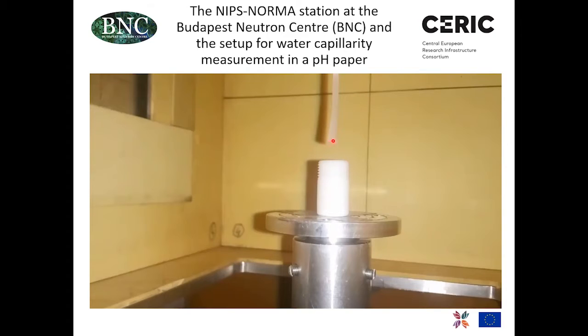And then the paper will start taking up water, and the water level will rise due to the capillary forces. And this added water content can be recorded with this neutron camera, and that will be the data set that we will evaluate.